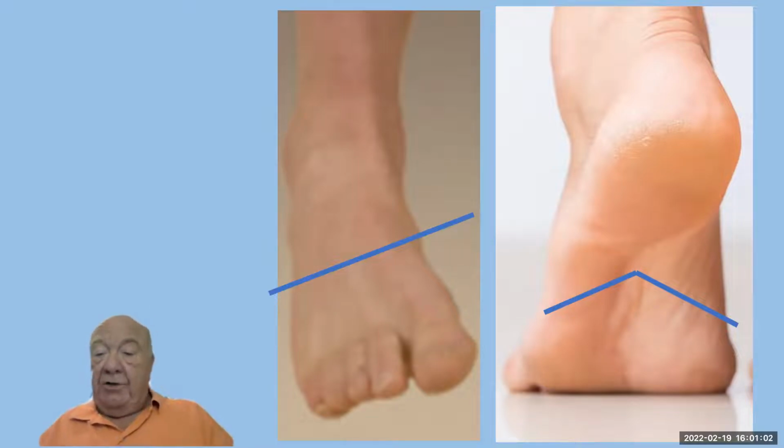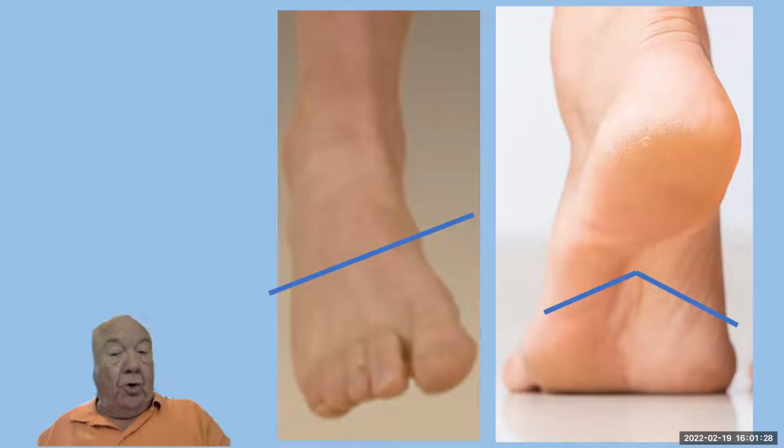With supination, though, it's completely different. The lateral foot goes in one direction, the medial foot goes in another direction. So one side is inverting, one side is everting. The other difference between these two movements, similar to pronation and eversion, is that inversion is an active movement, or it can be. I can volitionally produce inversion.